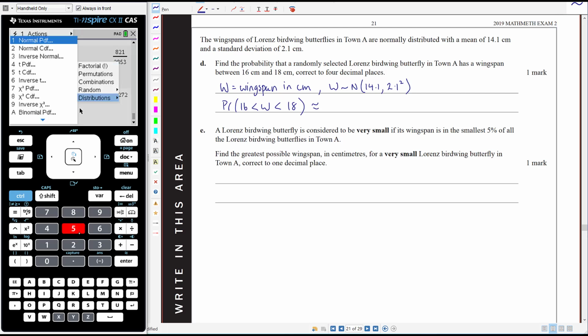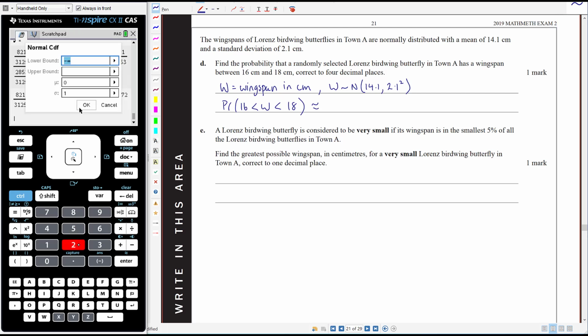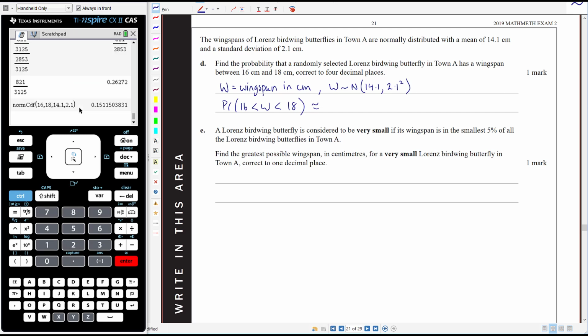Okay, so menu 552 for normal CDF. Lower bound is 16, upper bound is 18, mean is 14.1, standard deviation is 2.1. Okay, 4 decimal places, so that is 0.1512, correct to 4 decimal places.